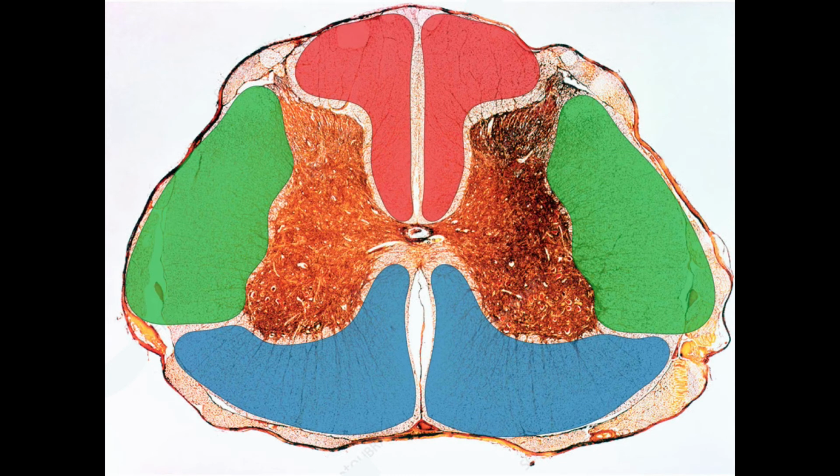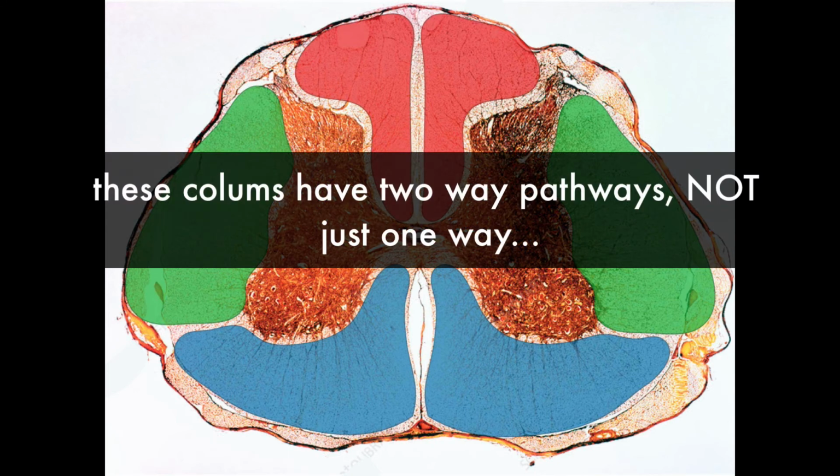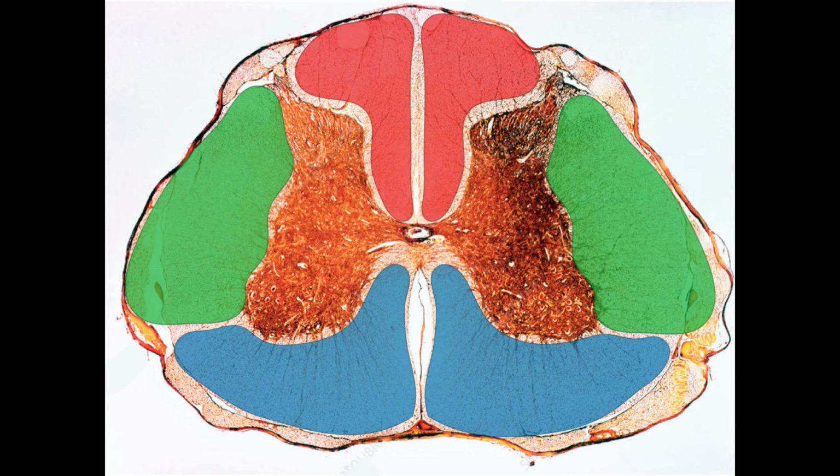It's going to take an ascending track, and then there's also a descending track. It's not a random, open highway with no lanes. These highways have very specific lanes and very specific exits. It's a very structured, organized arrangement that we're looking at with the columns.